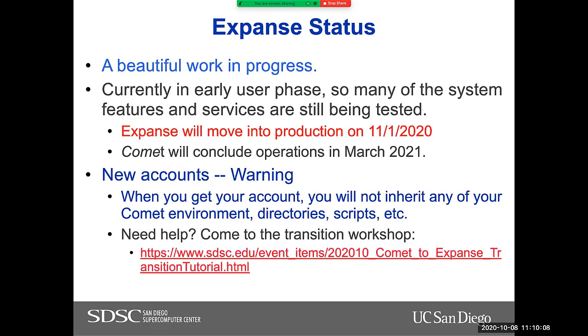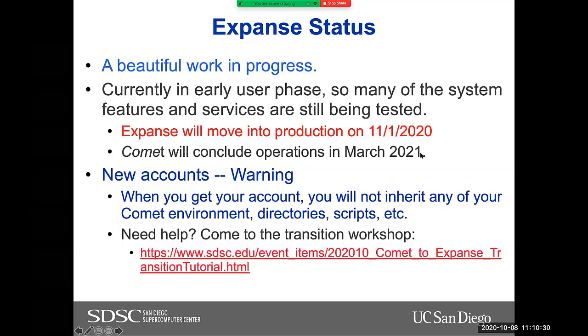So Expanse status, just to give you the latest and greatest, it's a beautiful work in progress. We're in the early user phase, and we're learning a lot about the system and getting all the pieces together. It's a big system, and we're moving into production on November 1st, and Comet will be running until March 2021.